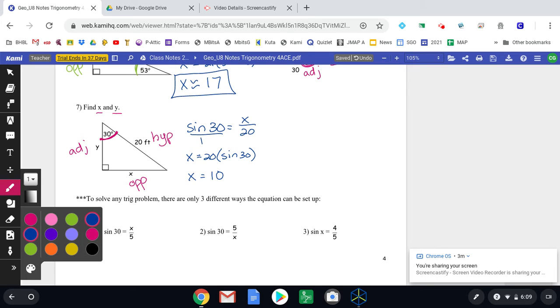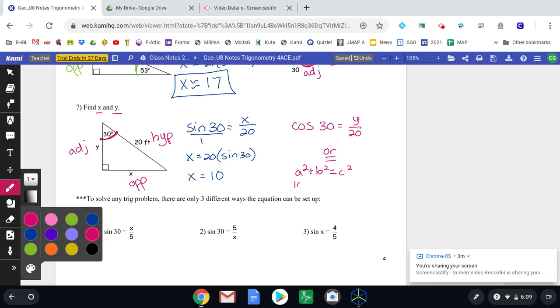Now, we could do a couple of different things here. We could use trigonometry to answer the second part. We could go back and say, all right, well, then the cosine of 30 is y over 20. Or we can use the Pythagorean theorem. So we would have something like a squared plus b squared equals c squared.